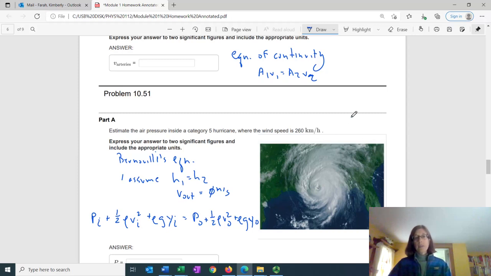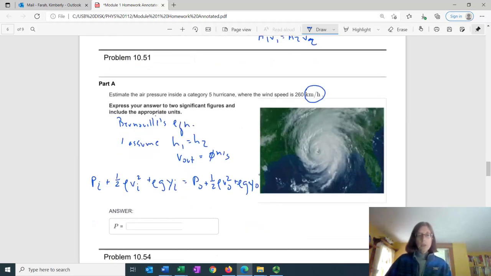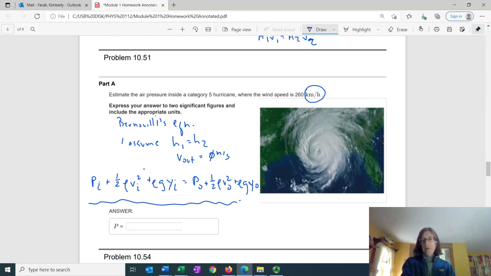Problem 51 is an application of Bernoulli's equation. They want you to estimate the air pressure inside a hurricane when the wind speed is equal to 250 kilometers per hour. You've got to be careful of your units here. So if we look at Bernoulli's equation down here, and remember this is conservation of energy, really basically that the amount of energy in equals the amount of energy out. There are a couple things that we can do to simplify this particular problem.